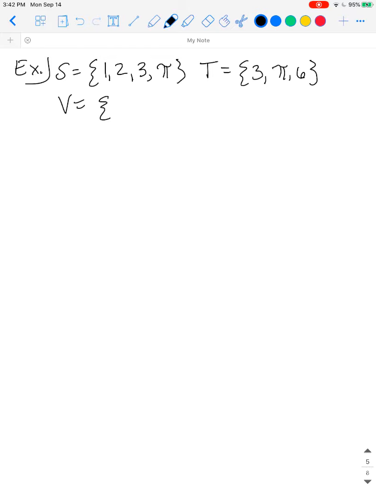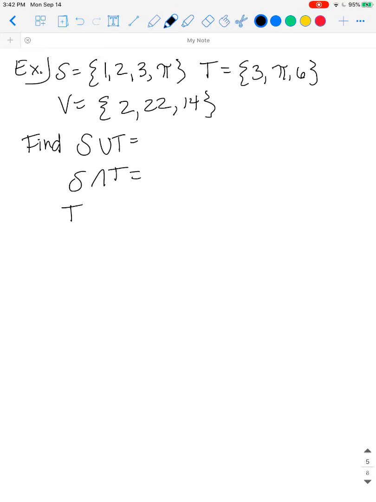B equals 2, 22, 14. So we want to find S union T, S intersect T, and T intersect B. So go ahead and pause the video and see if you could find these out.